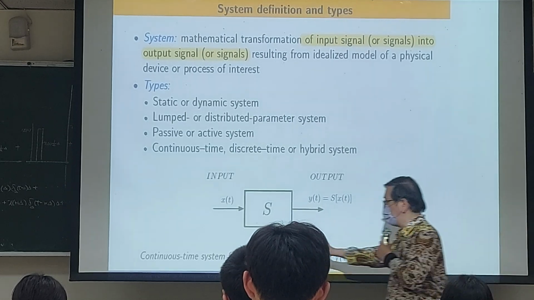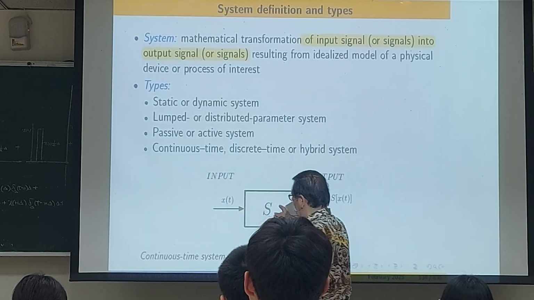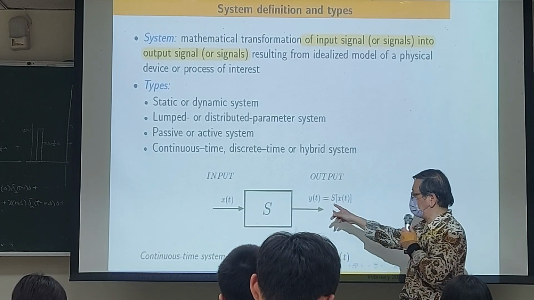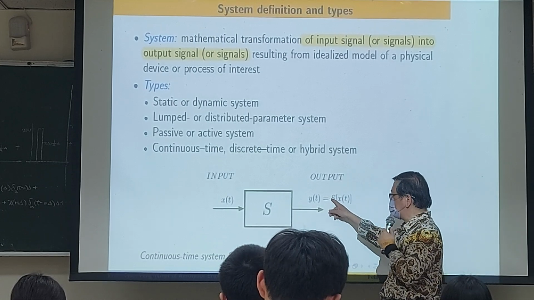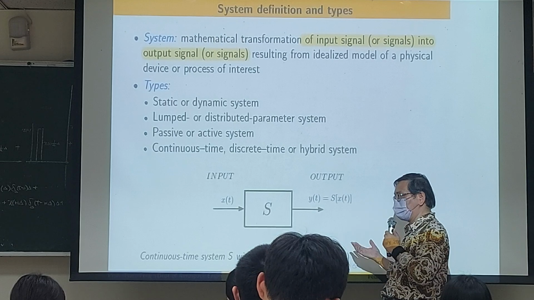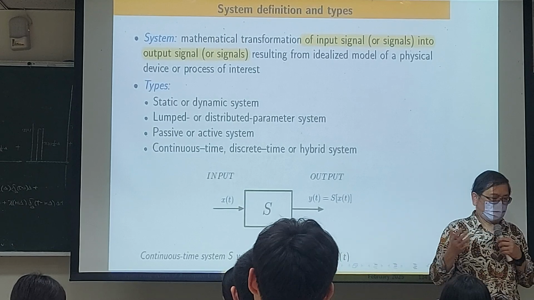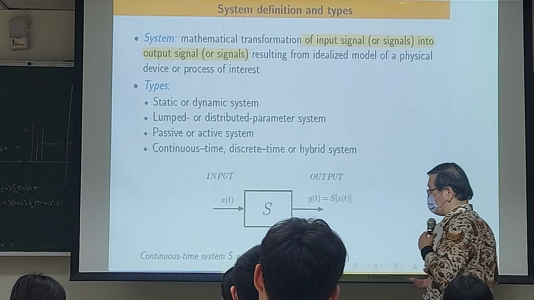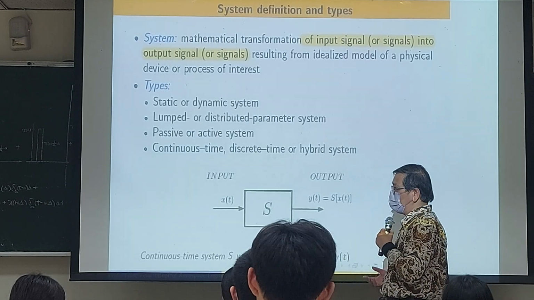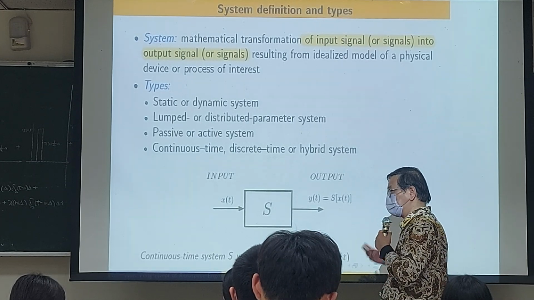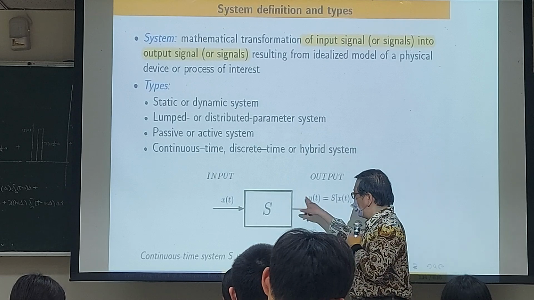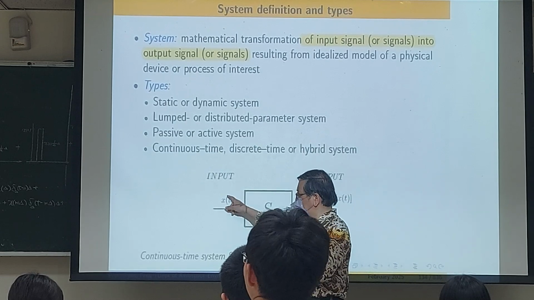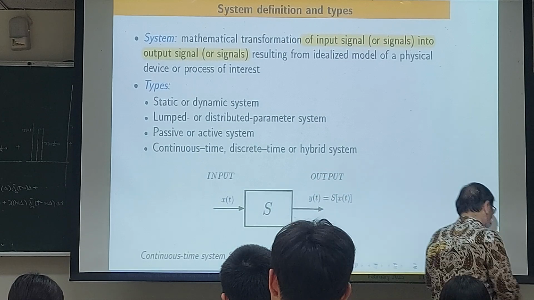Okay, so suppose you have an input signal and you go through a system and you have the output. So the output y of t can usually be represented as a function. It can be a static function, it can be a dynamic function, it can be a partial differential equation, it can be an ordinary differential equation. Okay, it can be something else we define. So after you go through the system, you have the output y of t.